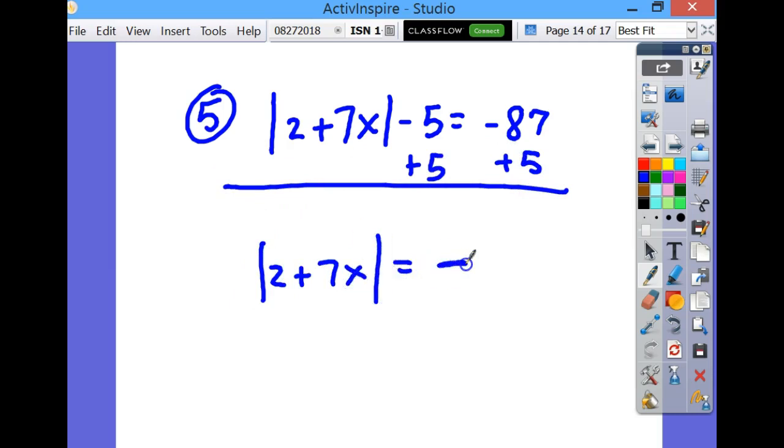And what's that going to be equal to? Is this isolated? Isolated means on the outside of the absolute value, there's nothing added, subtracted, multiplied, or divided on the outside of the absolute value. Is it isolated? An absolute value can never equal what? So what does that mean the answer is?